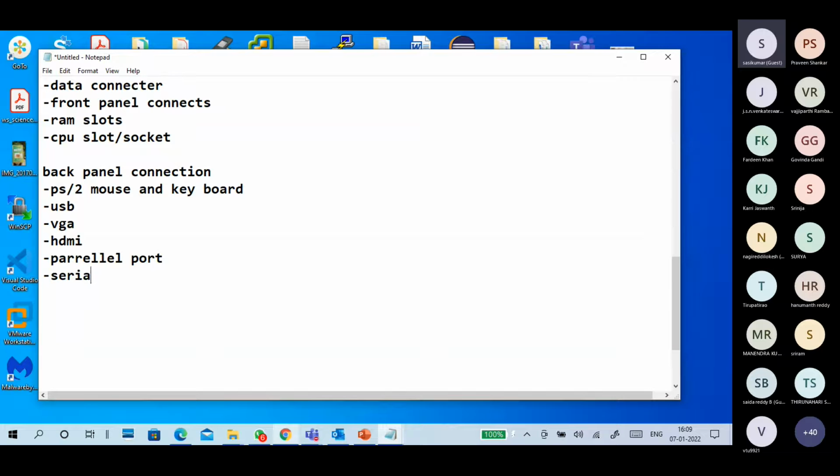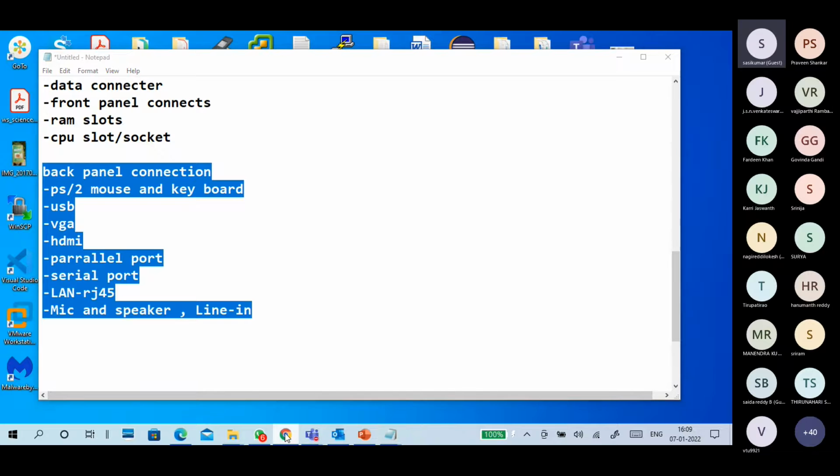It's a serial port. Okay, parallel port, serial port, LAN connector. LAN means RJ45 connector, LAN will connect to RJ45. Okay, LAN connector, RJ45 connector, mic and speaker, line in connector. These are the back panel connections.